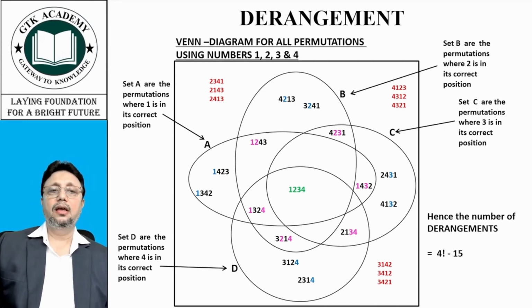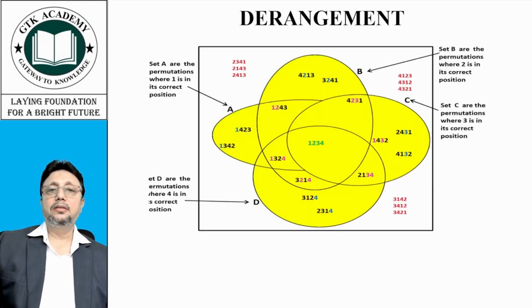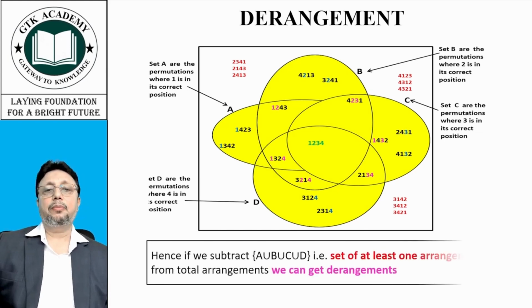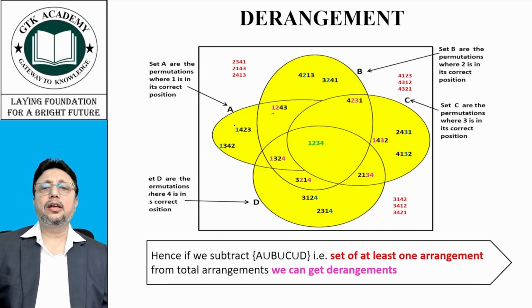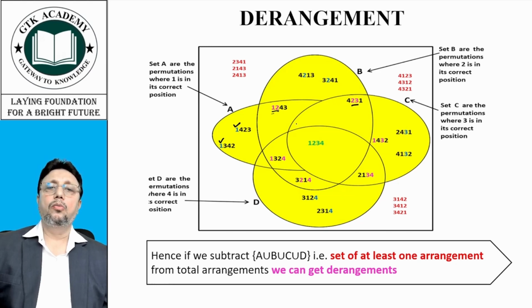That means if we subtract A union B union C union D, what does that mean? At least one arrangement, at least one is at its place, and 2 may be there or more than that. But in these 15 numbers, at least one element, one number is at its correct place. Somewhere 2 are also, and all the 4 are also there.